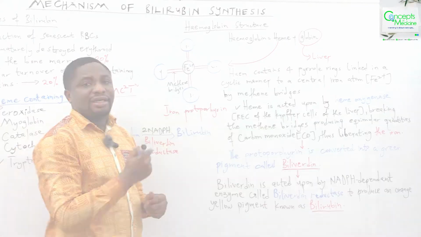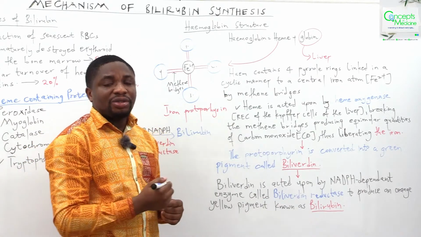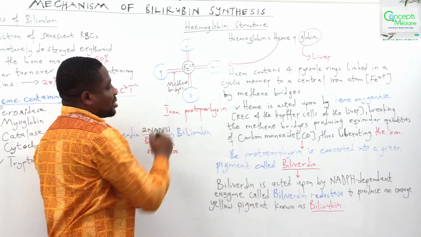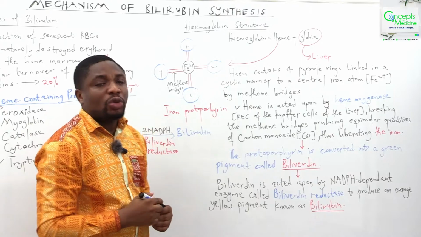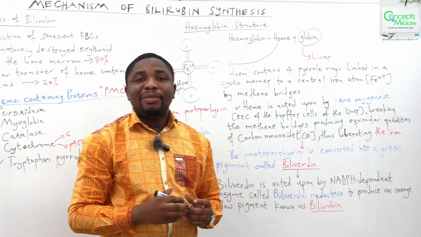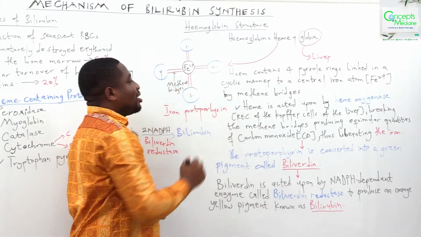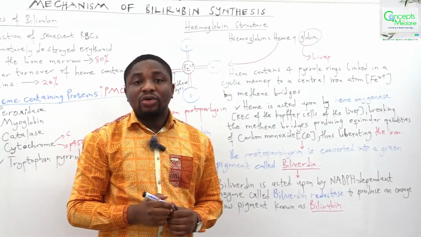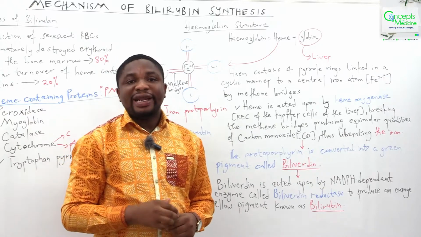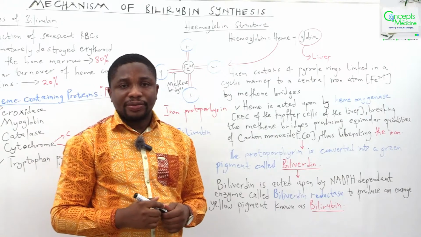The heme oxygenase acts on the heme, oxidizing it, resulting in the breakage of the methyl bridges, producing equimolar quantities of carbon monoxide, thereby liberating the iron in the middle. The reason carbon monoxide is produced and not carbon dioxide is because there is an incomplete combustion of the methyl bridges, which contain carbon.